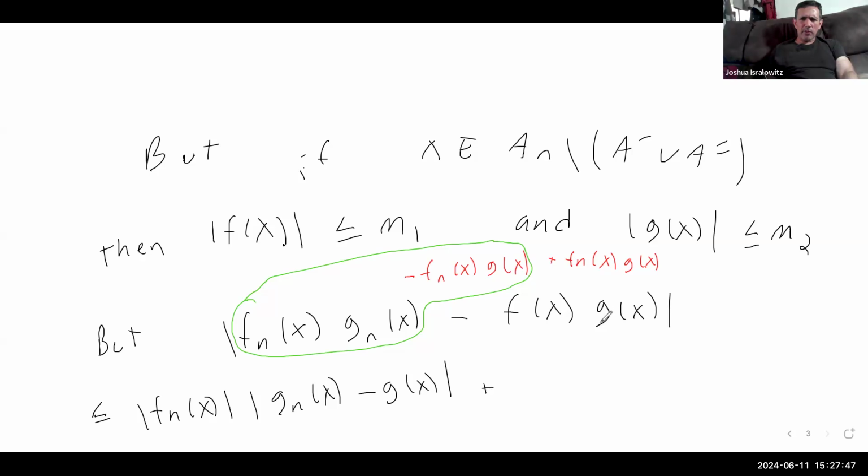Now I'm going to factor out a, let me see, what am I factoring out? Yeah, factor out a g of x.